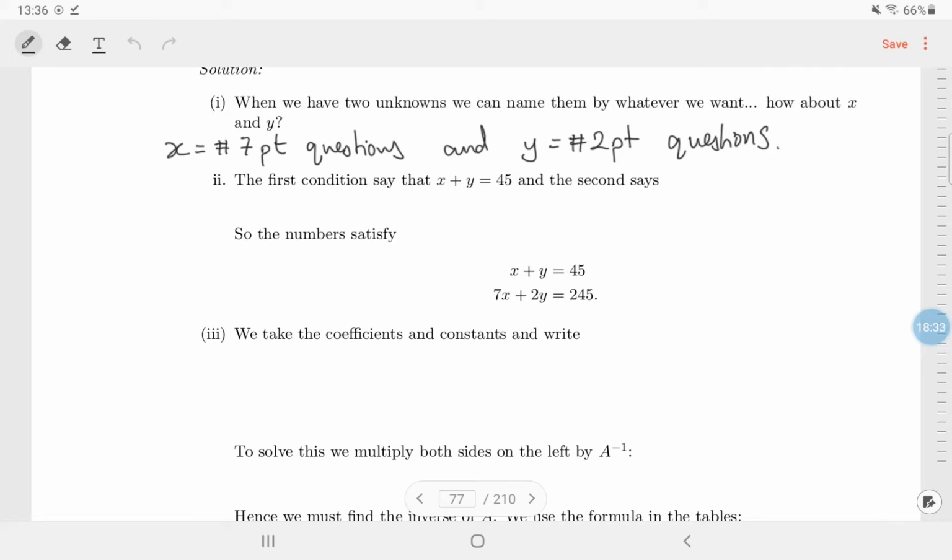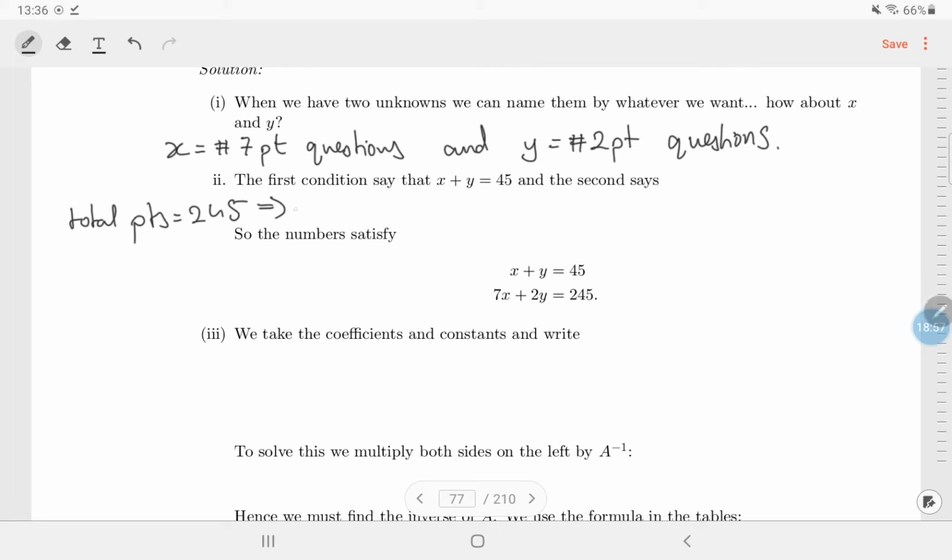Now the second one is an equation in the points. It's saying that the total number of points is equal to 245. Now this is an example of something that I actually think students should find difficult, but they don't. So it's about how many points.